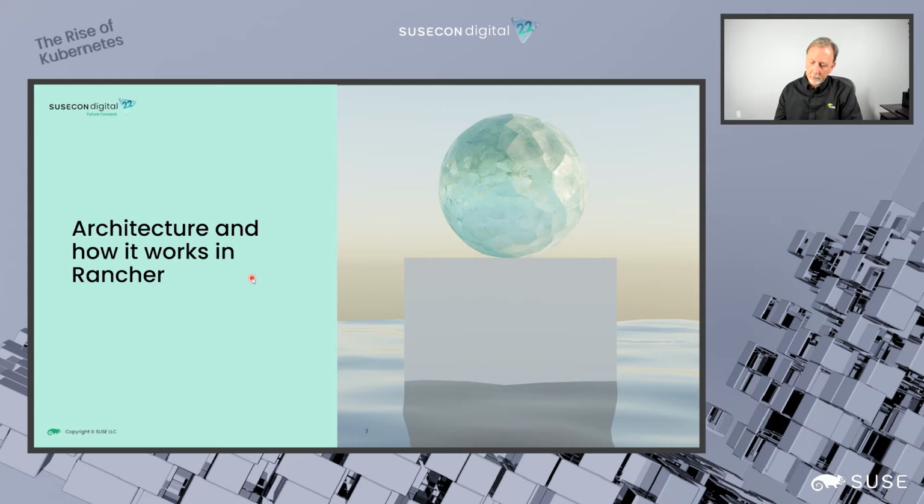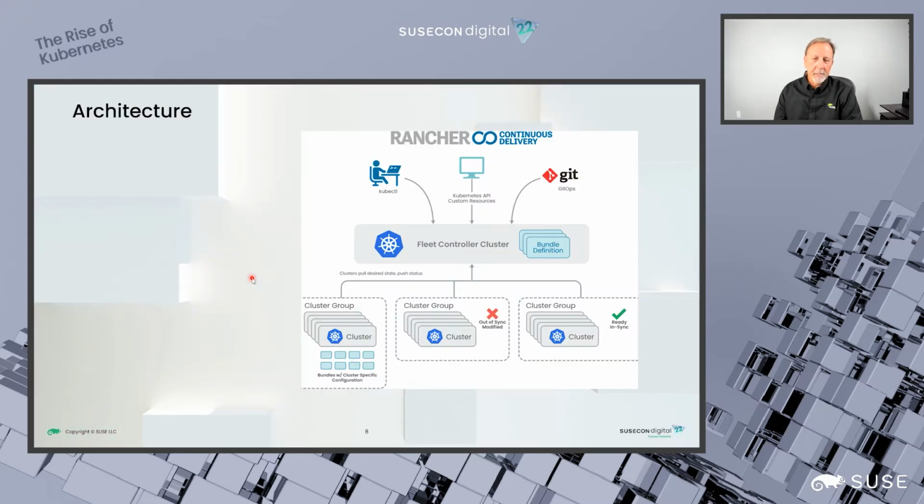Now, the architecture from within Rancher looks like this. The continuous delivery component of Rancher is called Fleet. And so there is a fleet controller that is a component of your Rancher management cluster. And it sits in between the administrators that are making changes to the cluster and managing it, and it sits in between that GitOps repo where that information is stored.